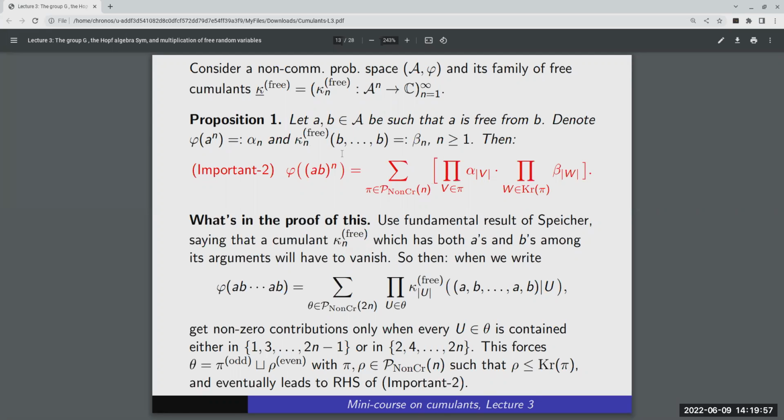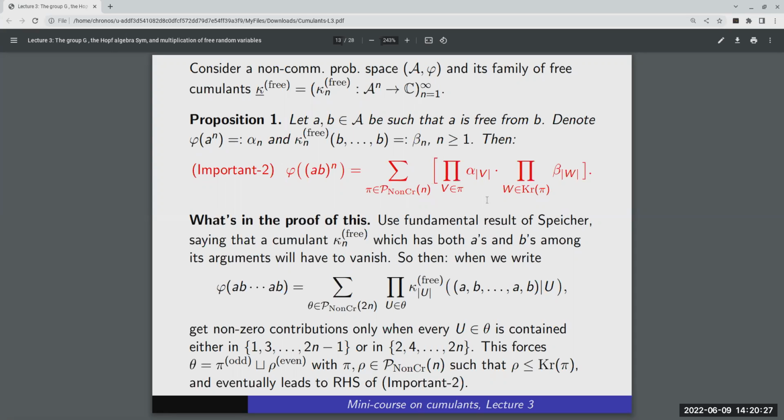This is an n-linear functional, putting its n arguments all equal to B. And bang! Look here, the important formula for the product AB. The moments phi of (AB) to the n are expressed in terms of the alphas and the betas. And here you recognize that the right-hand side is identical to what we had in important formula one.